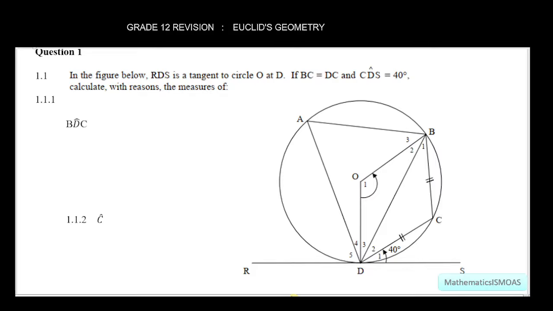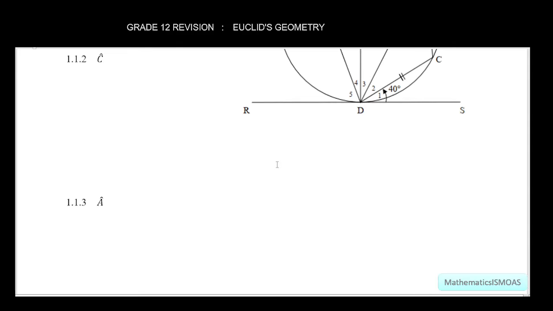If BC is equal to DC and angle CDS, which is this angle, is equal to 40 degrees, calculate with reasons the measures of the angles in 1.1.1, 1.1.2, 1.1.3, and 1.1.4.